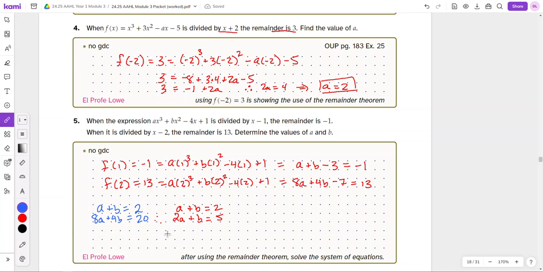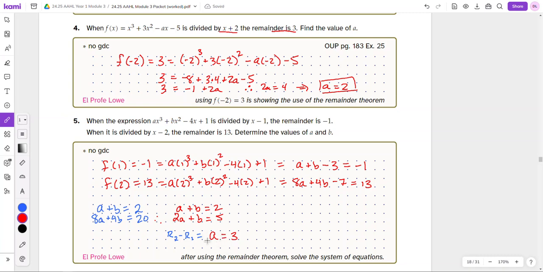And then if I look at this and I take row 2 and I subtract row 1, the result is going to be 2a minus a, that's a, 5 minus 2, that's 3, because b minus b is 0.